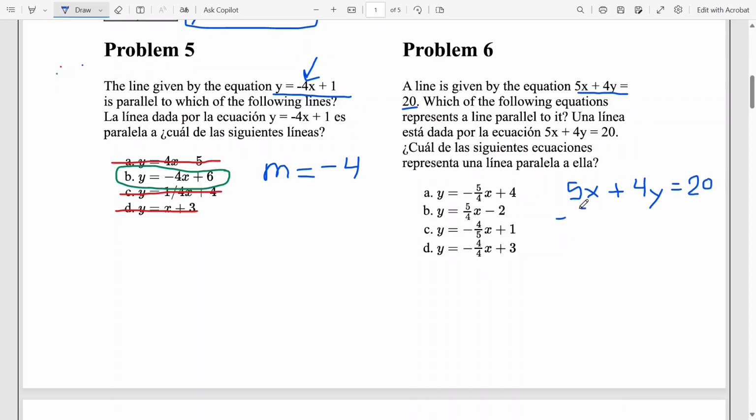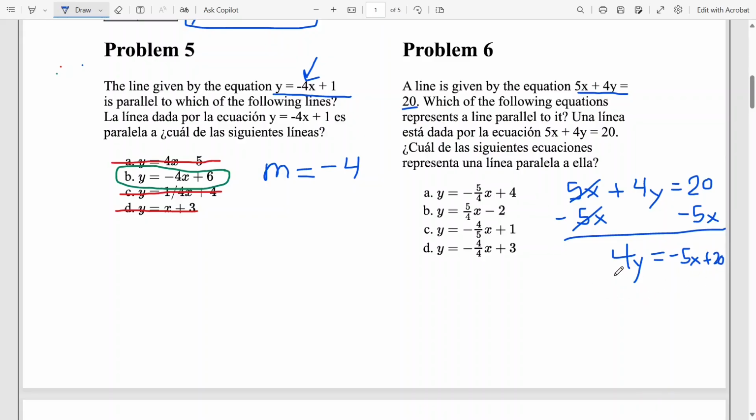And I'm going to subtract 5x from both sides. 5x minus 5x is 0. We get 4y equals negative 5x plus 20.